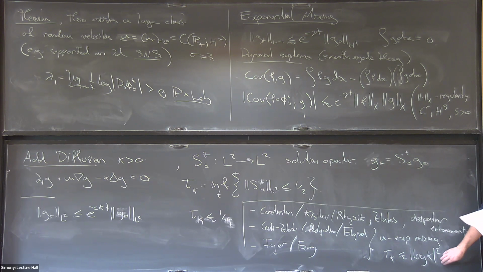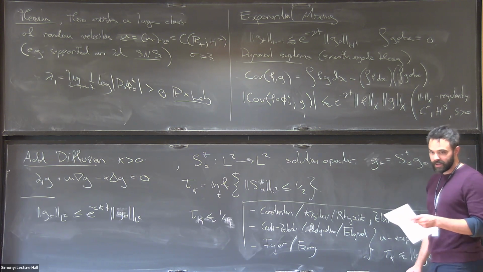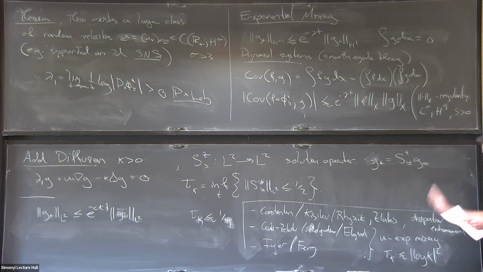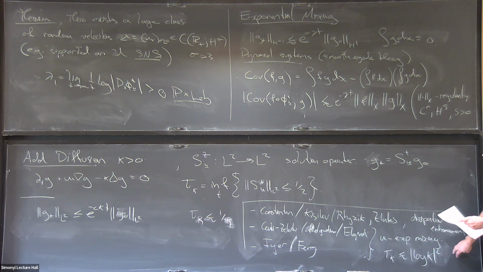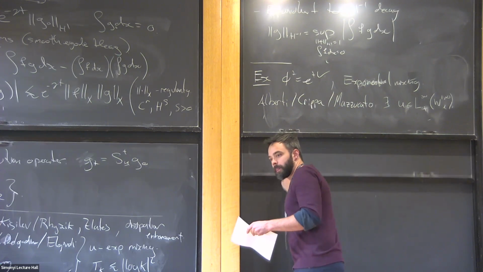This tells you first that there's a major speed up compared to the heat equation. I only have to wait log kappa time instead of 1 over kappa time before I start to see the equation decay away. But the frustrating thing about these estimates is that they're quite explicit, but they're not optimal.